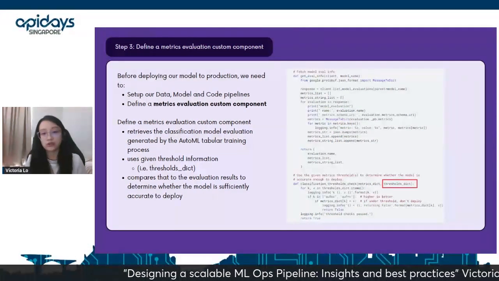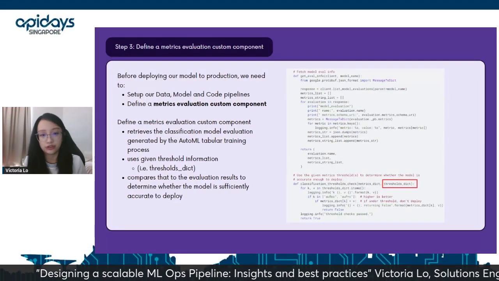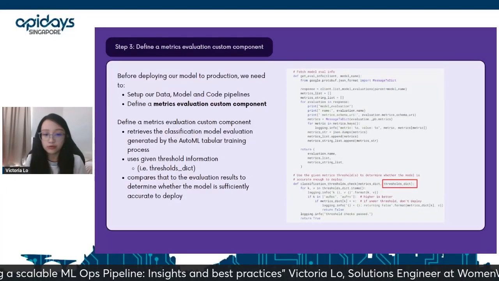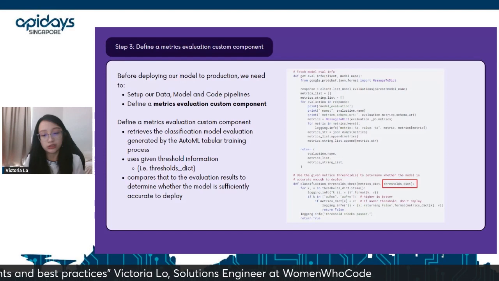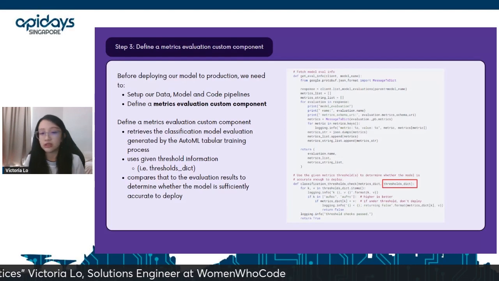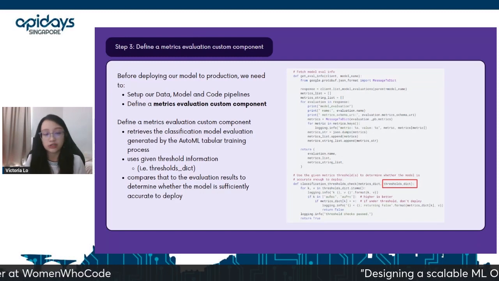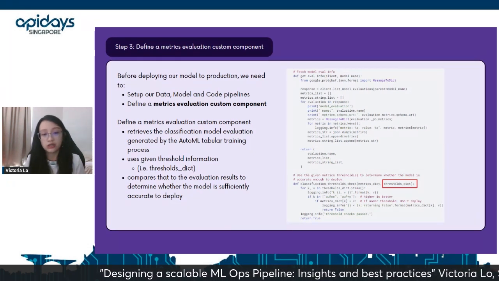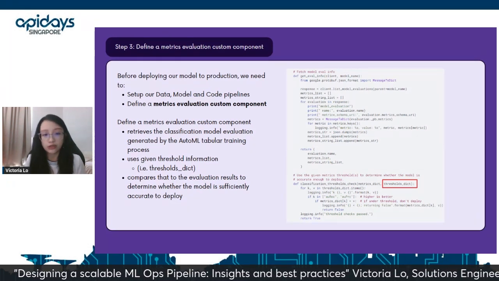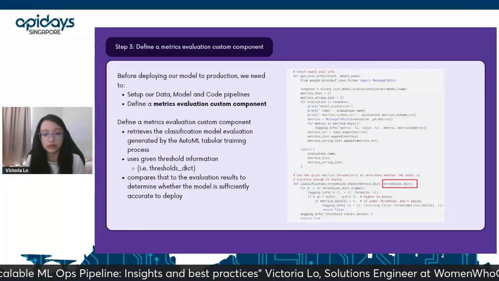Let's say we want accuracy to be at least 98%. In step two, we determine the metrics, and let's say it's 90%. If it's below this threshold of 98%, that means it's not accurate enough for production. By creating this conditional statement, we ensure that any model that makes it to production and deployment is within the threshold we defined.